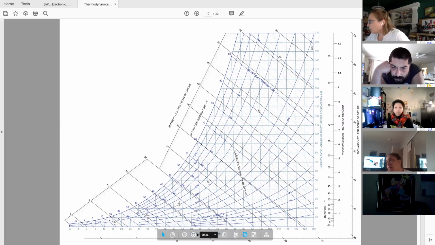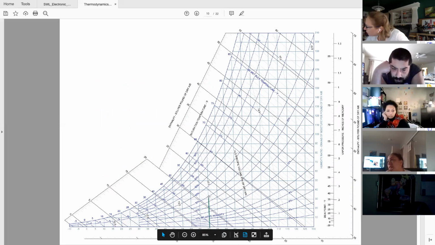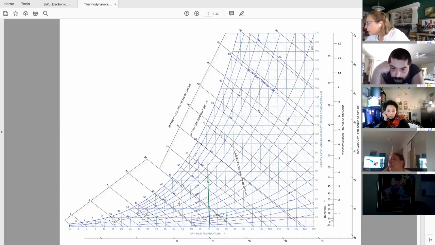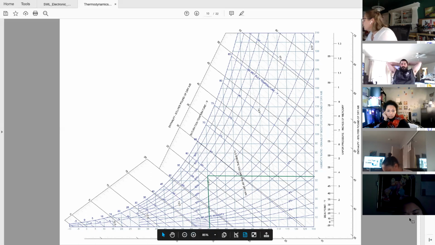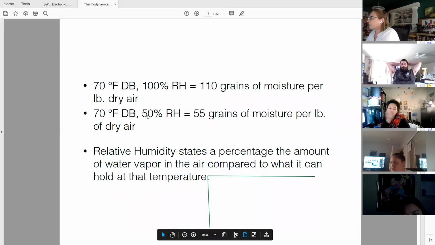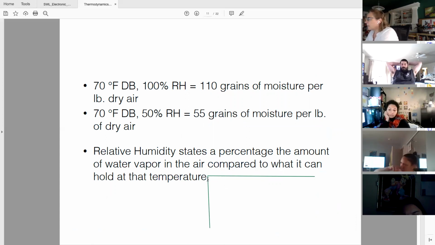First one was easy because we were going all the way up, but 70 degrees up to the 50% relative humidity, and then going over, we're at about 55. Mouse, there's gotta be a keyboard way to do this. Okay, yep, 55 grains. Okay. All right.